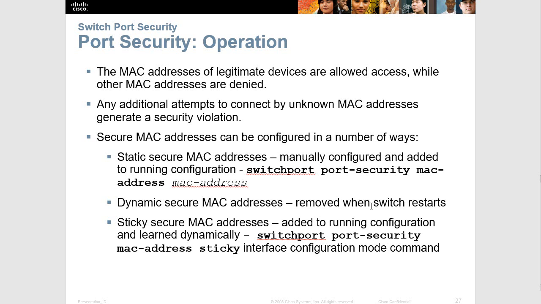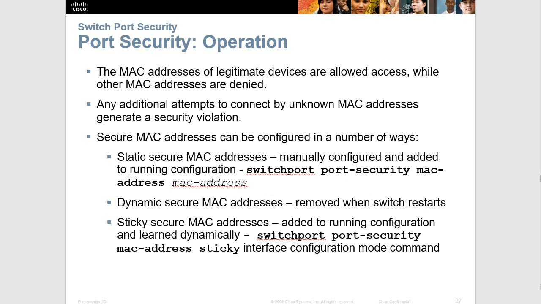If you were to then restart the switch and plug in a different device, that device would be able to communicate, because this is not saved to the running config. That is maybe the better way to go. Maybe a little bit less secure, but at least if you want to plug in a new device, you don't have to go in and wipe out the previous address and add this one in.